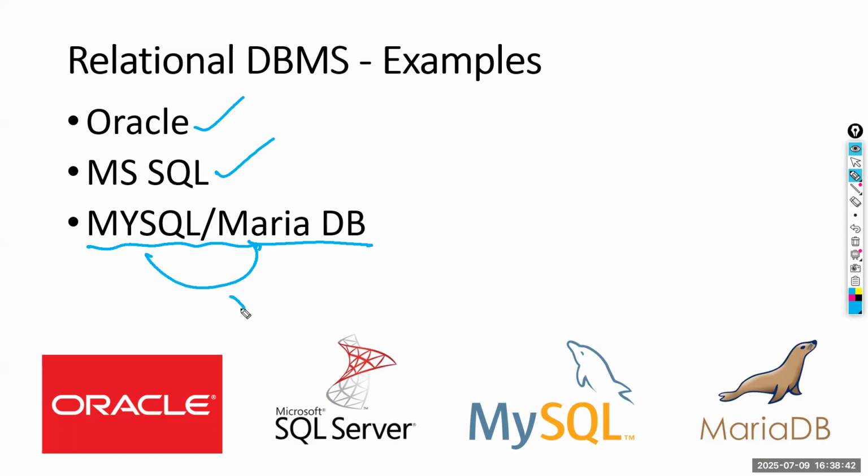MariaDB is the first version of the free and open source version of MySQL. So pretty much MySQL and MariaDB are the same. So these are the big databases. Then the small databases, we have Microsoft Access, MS Access, OpenOffice Base, and so on. But those are personal databases. These are the commercial enterprise databases.